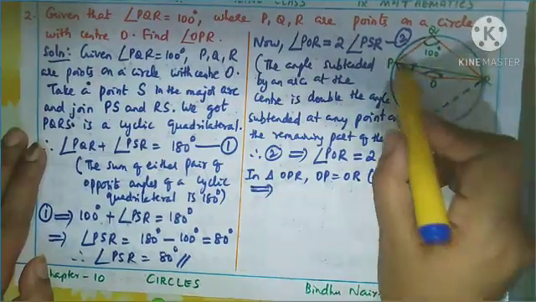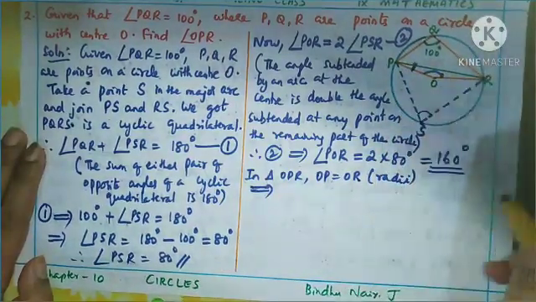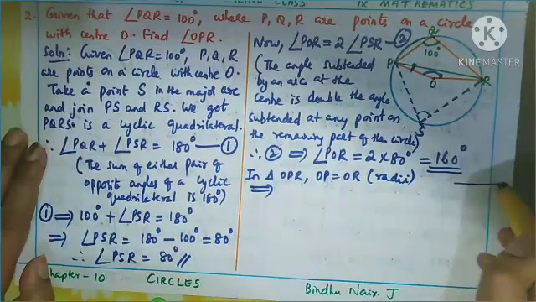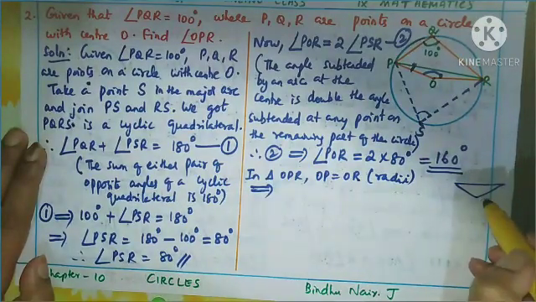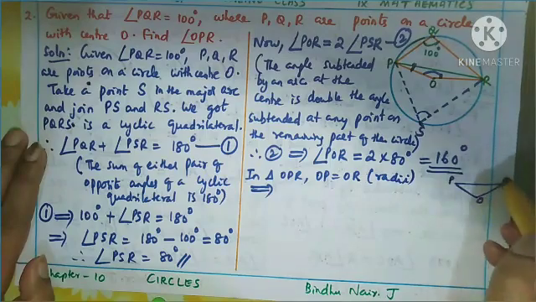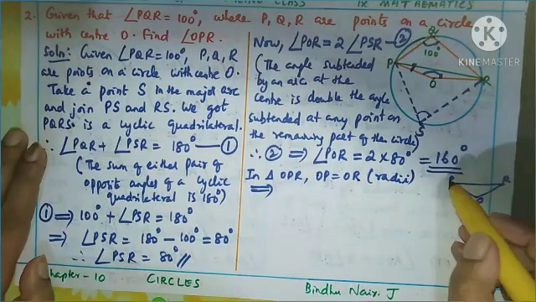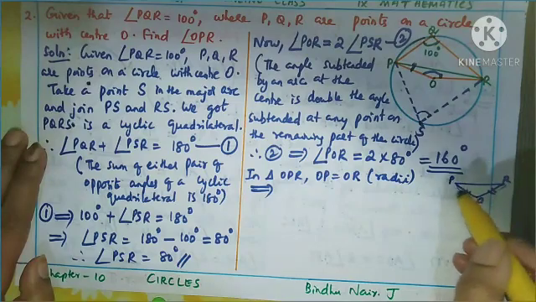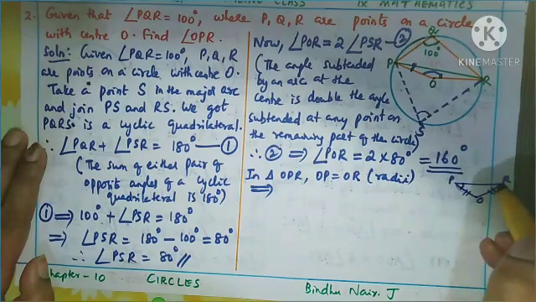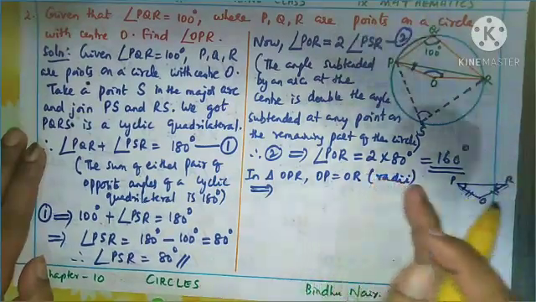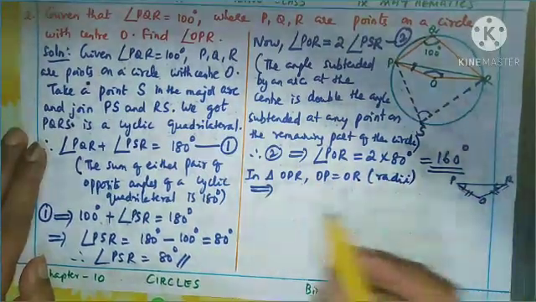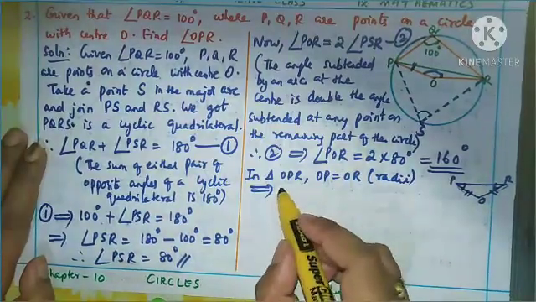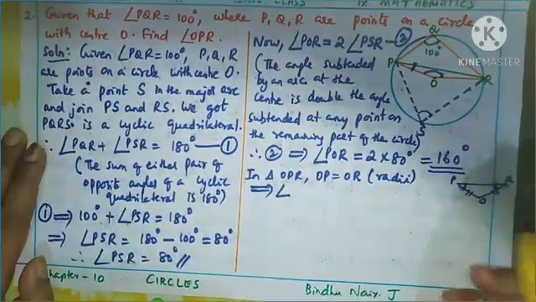From the figure, watch carefully, these two sides are radii, so they are equal. When two sides are equal in a triangle, the angles opposite those sides are also equal. That is a theorem we studied in earlier classes. So by applying that, we get these two angles are equal.